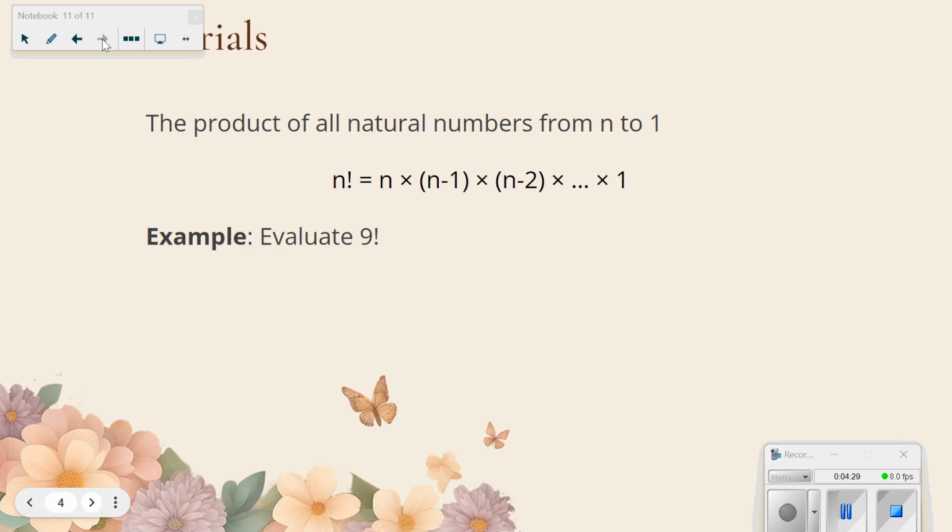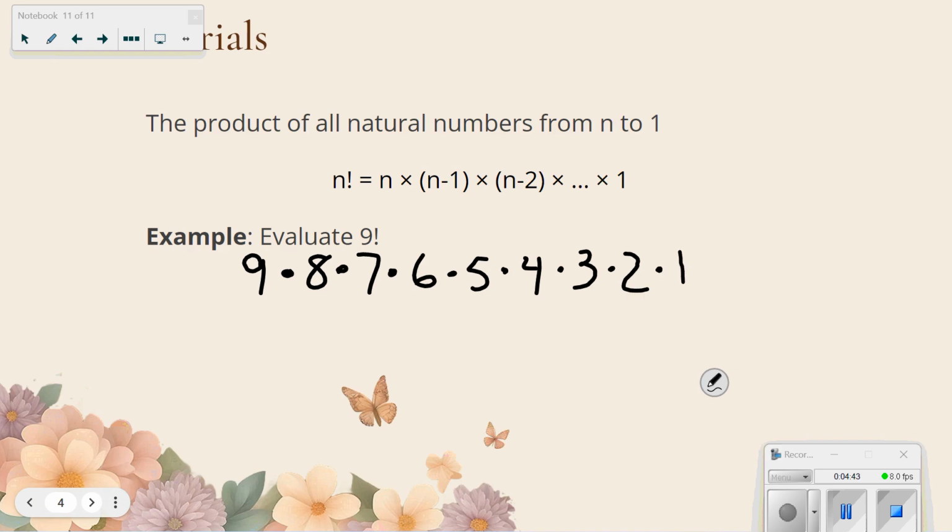It is a way to mathematically express 9 times 8 times 7 times 6 times 5 times 4 times 3 times 2 times 1. So for factorial, you're starting at the value that you're given, and then you work back all the way until 1. You're multiplying by every single number in between.